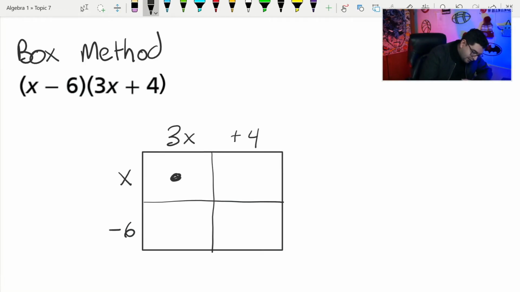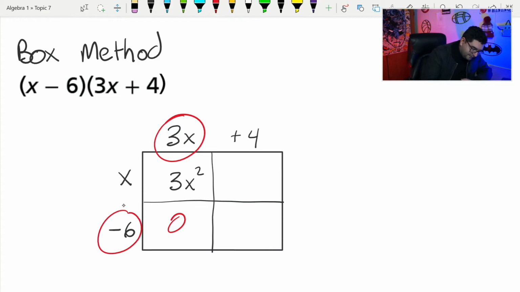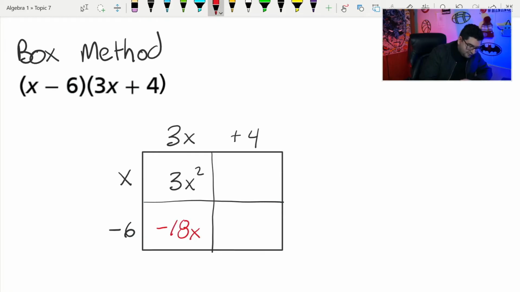So for this box, I multiply 3x times x. 3x times x would give me 3x squared. For this box, let me use a different color, I need to multiply 3x and the negative 6. So that would give me a negative 18x.